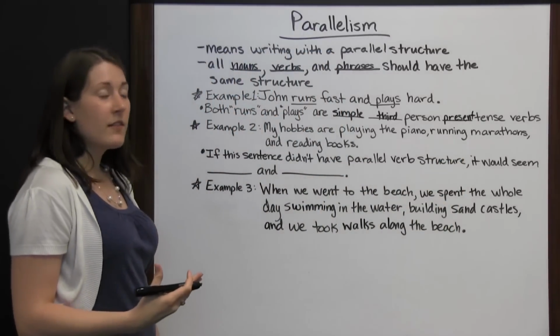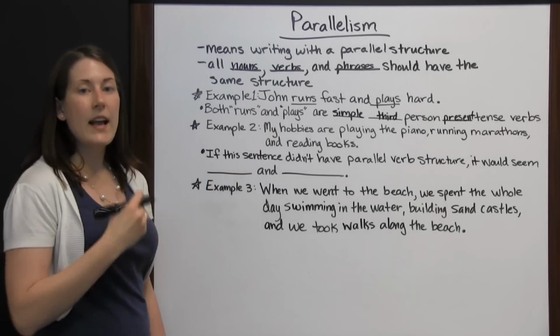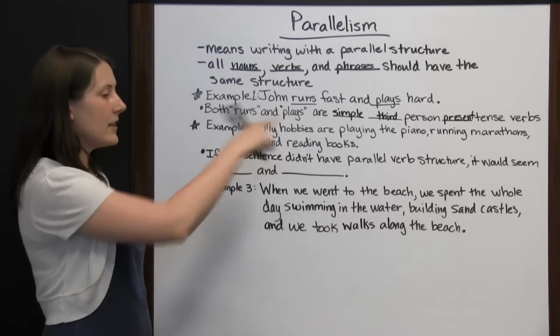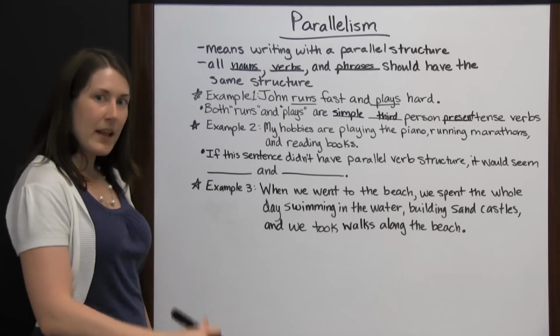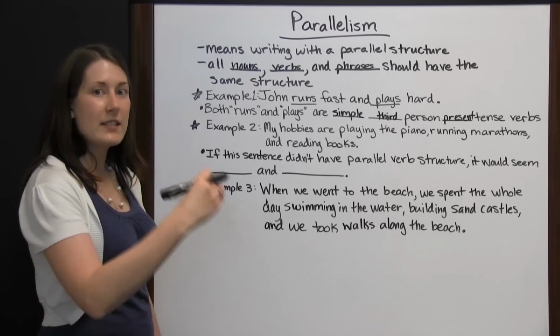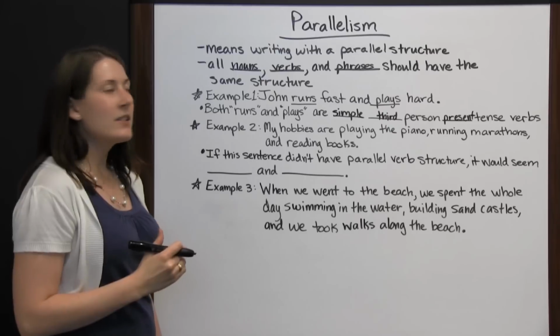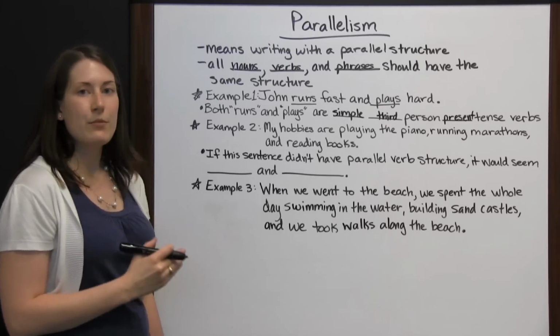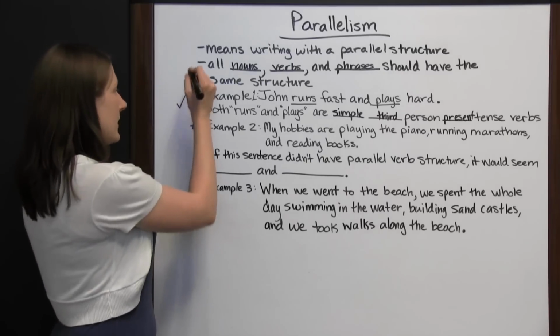They don't have any suffixes. They're third person. We're talking about John. You're not saying I did this. You're saying John did this, talking about someone else. And it's present tense. He's running and playing right now. He runs and plays in the present. So they agree. Both runs and plays are simple third person present tense verbs. So they have parallel structure. So this one is good.